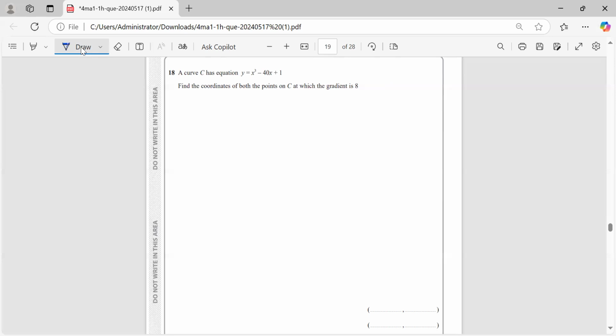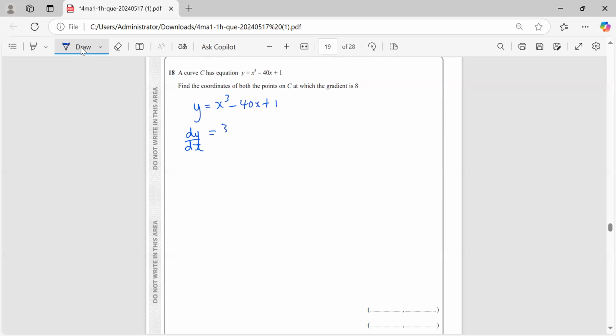So if the equation of the curve is x cubed minus 40x plus 1, I'm going to find the first derivative of this equation. So dy/dx, I'm just differentiating this equation.